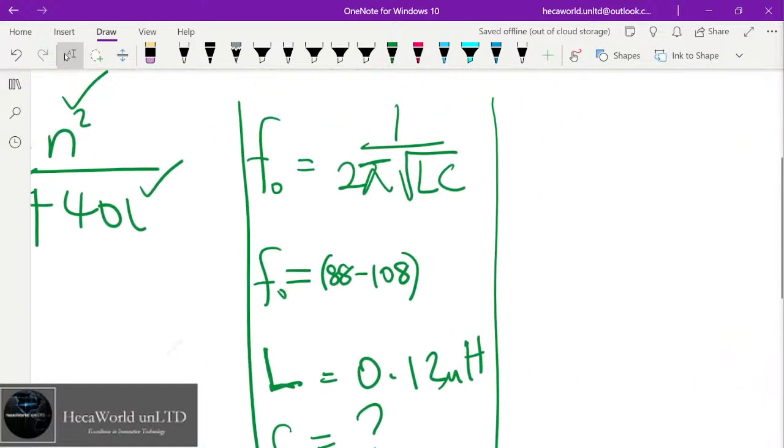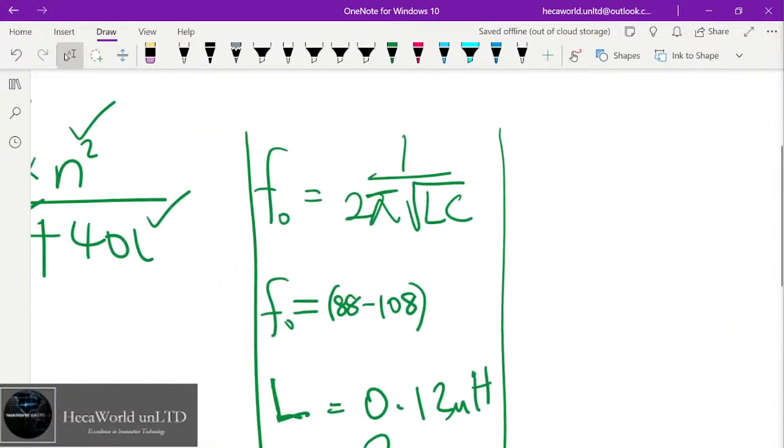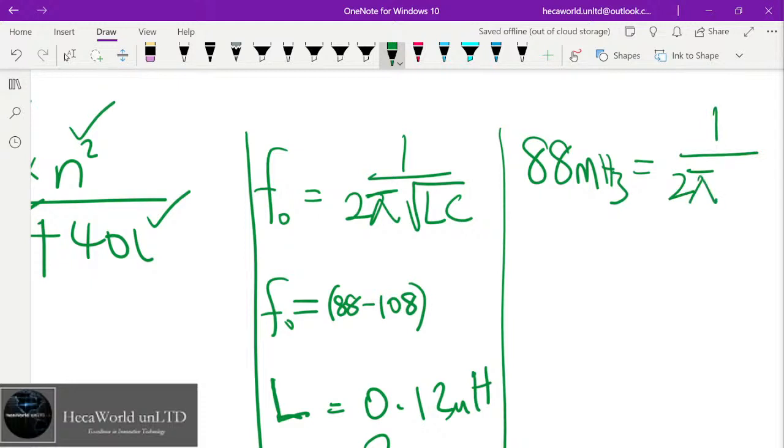So when we plugged in a value of 88 megahertz, 88 megahertz is equal to 1 over 2 pi square root of LC. We get a C of approximately 27.6 or thereabout picofarads.